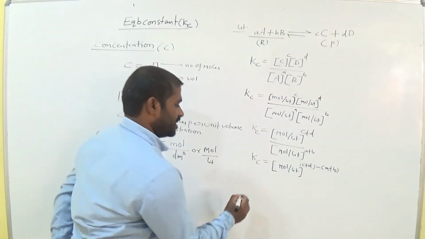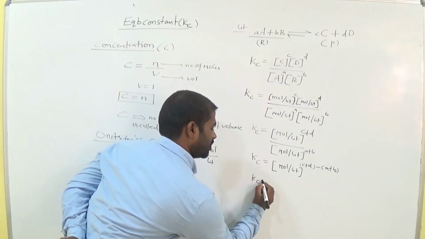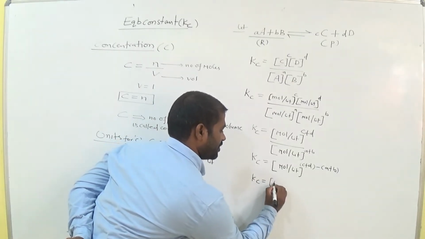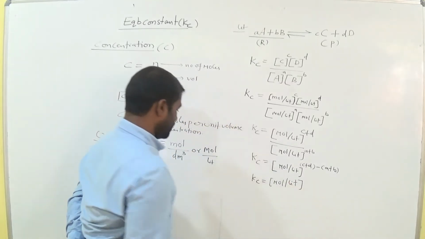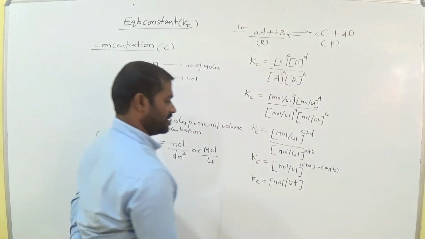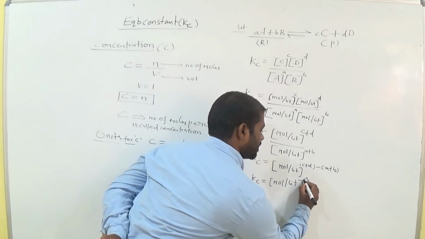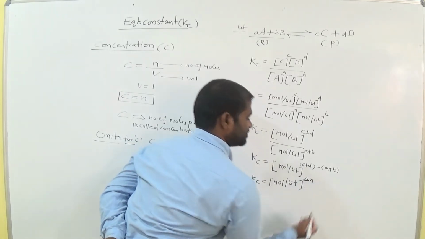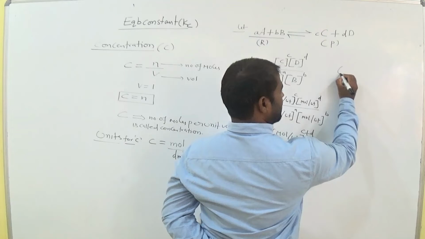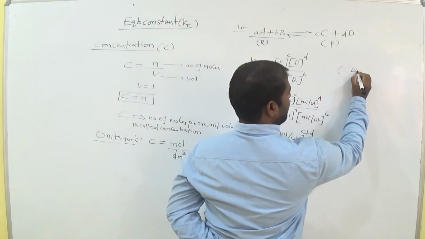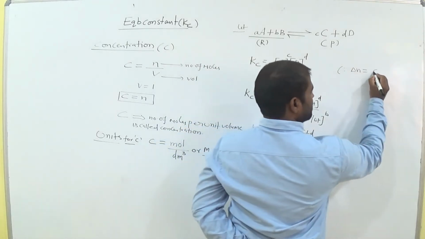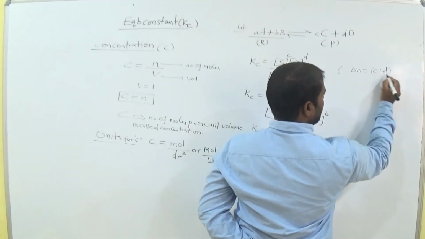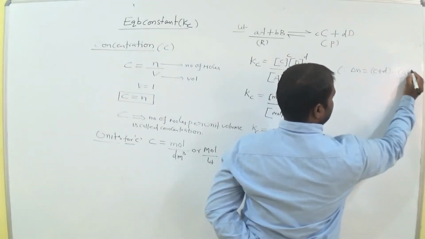So now Kc is equal to mole per liter to the power delta n, where delta n is equal to c plus d minus a plus b.